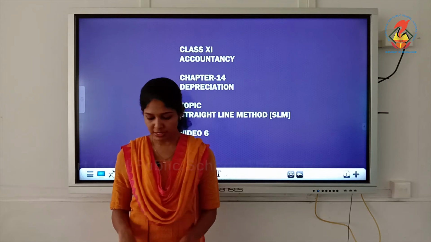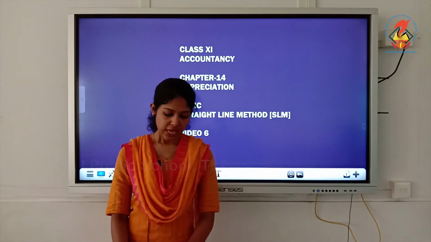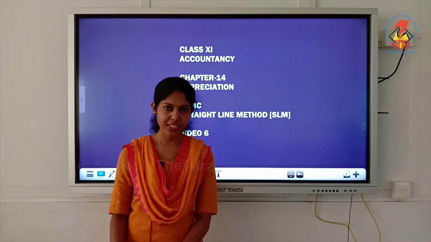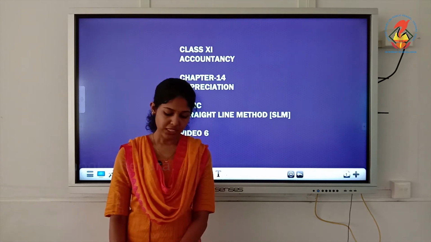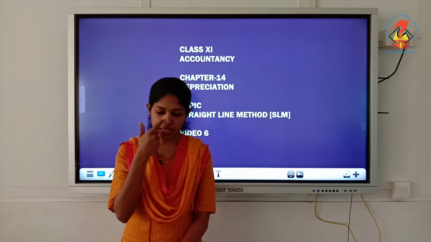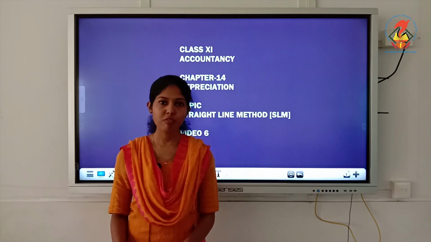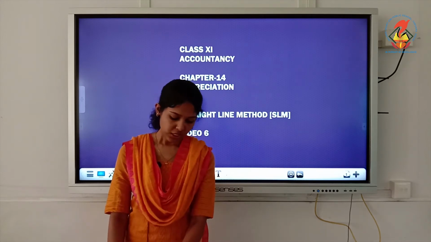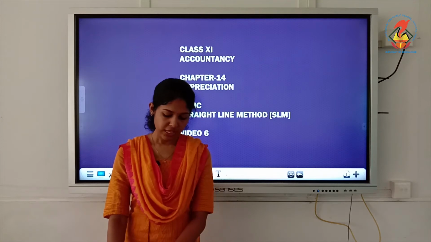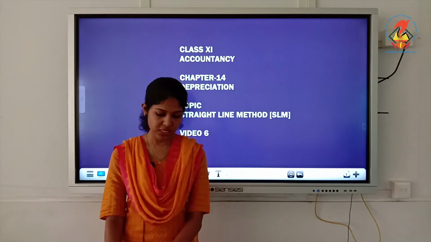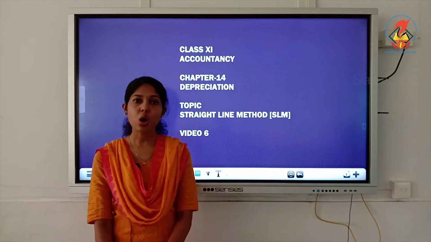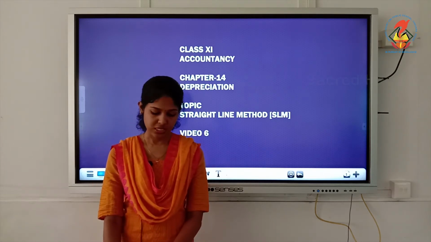So we will do one such problem, that is exercise question, practical problem number 9, page number 14.49. Okay. So there we have purchased on 1st July 2015 machinery costing rupees 30,000.